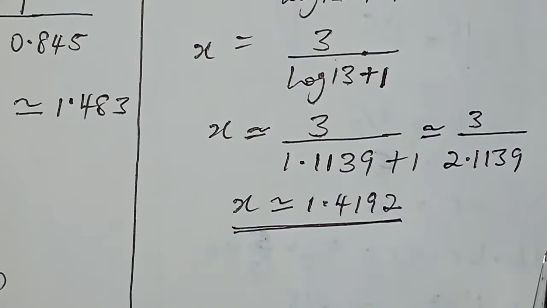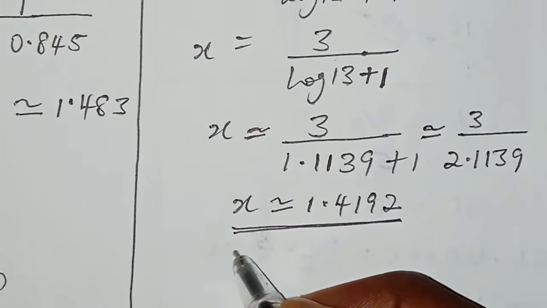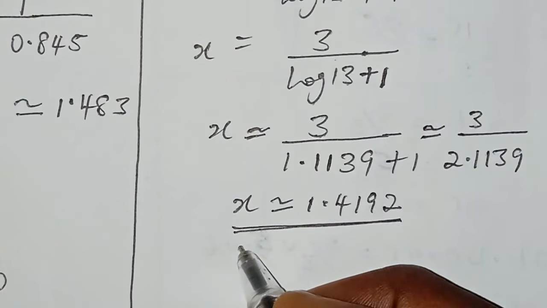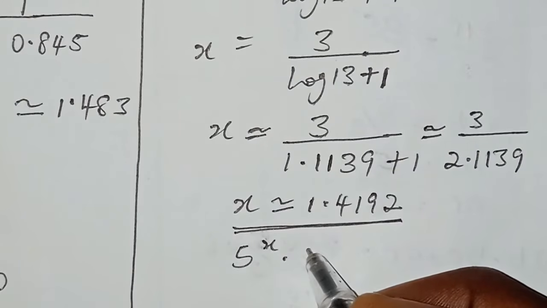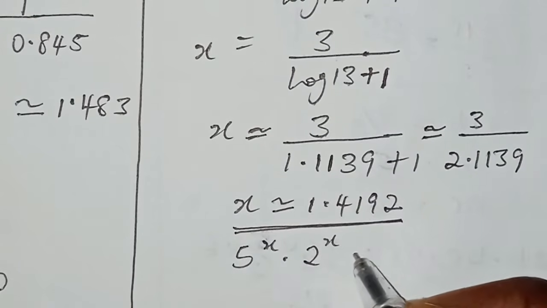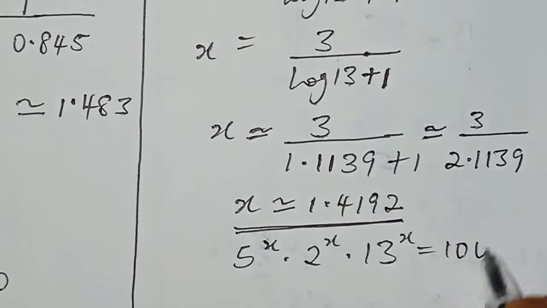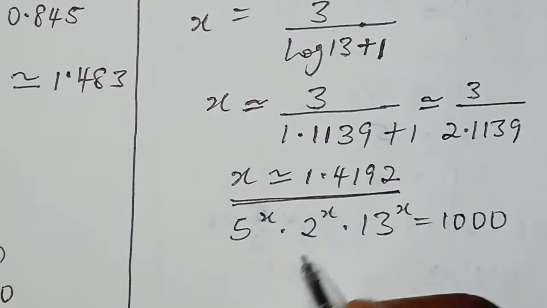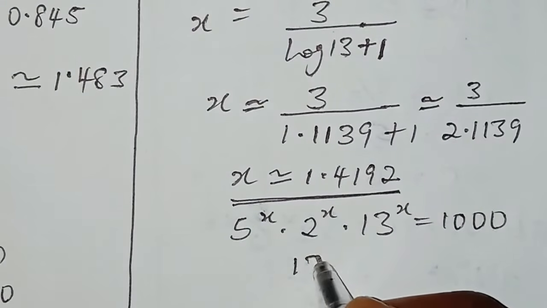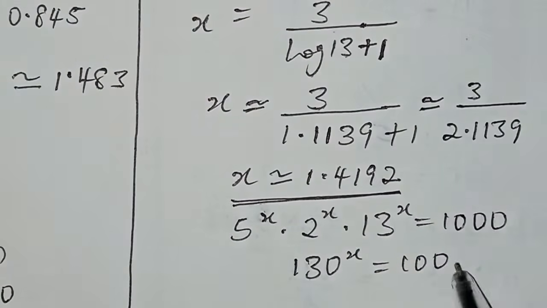So we check for this value from our question. That implies 5 to the power of x multiplied by 2 to the power of x multiplied by 13 to the power of x is given as 1000. Simplifying the whole of this gives us 130 to the power of x equal to 1000.